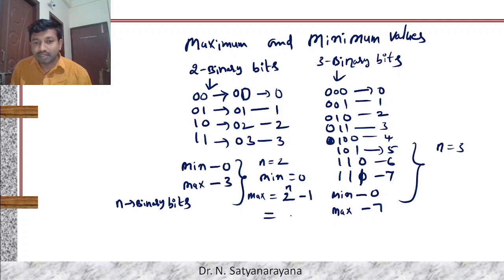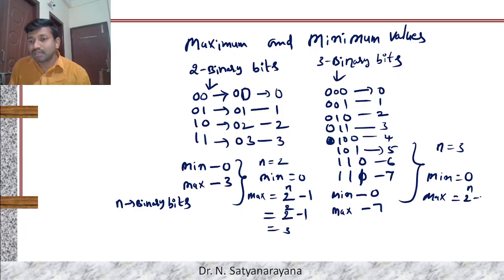What does it mean? n stands for the number of bits. So for n equal to 2, 2 square minus 1 is 3. And the minimum value is 0, and the maximum is 2 power n minus 1. For n equal to 3, 2 cube minus 1 is 7. Fine.